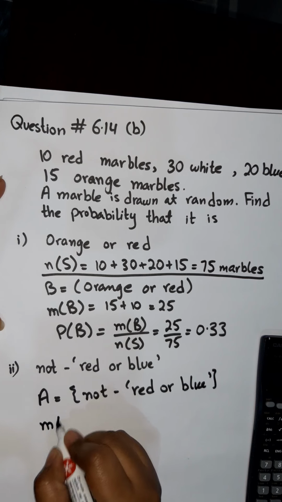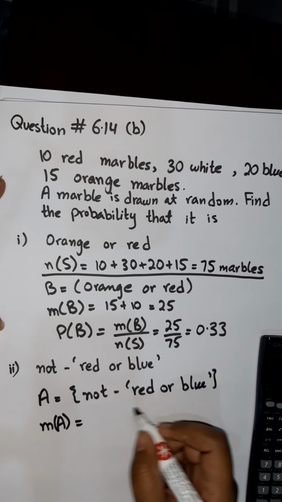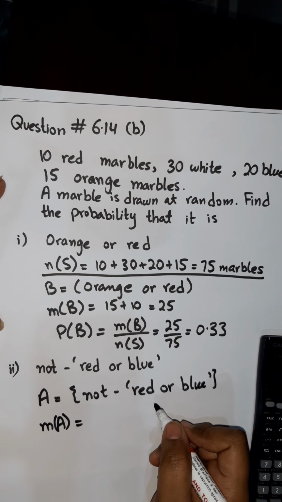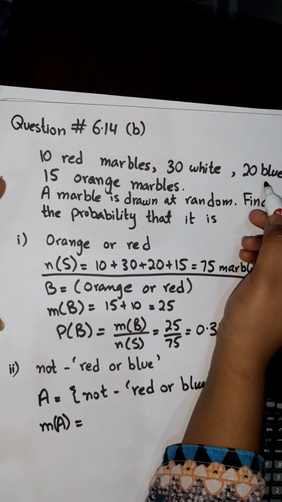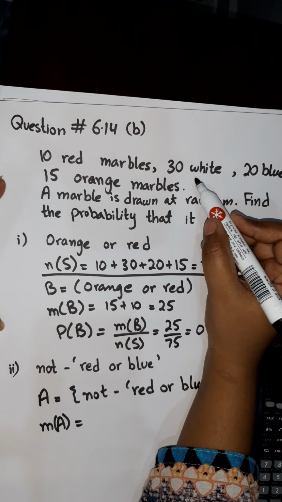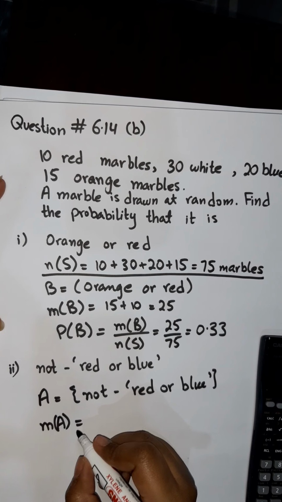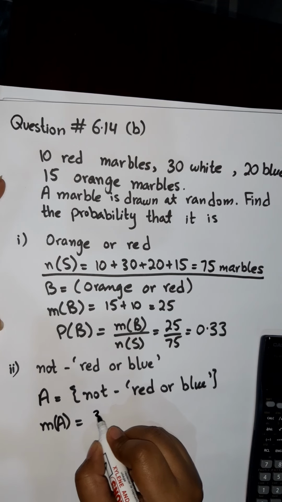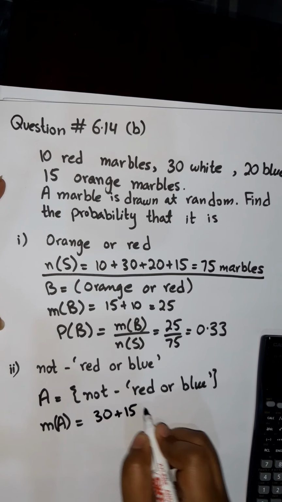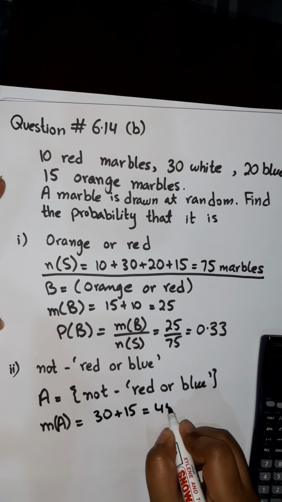Now n of A will be, if the marble is not red and not blue, so it is clear that it would be white or it would be orange. So 30 plus 15, which is equal to 45.